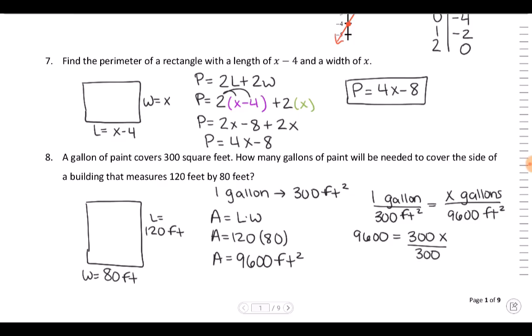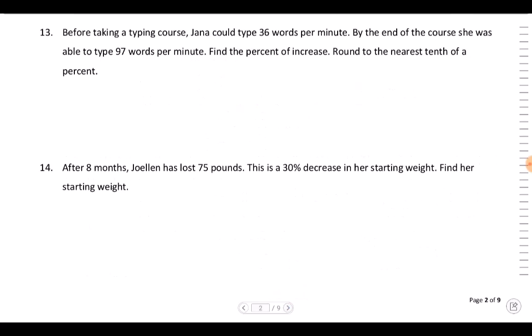Divide by 300, and what do we get? We get 32. So x equals 32. So that means we would need 32 gallons of paint. So let me write that here. 32 gallons. Okay. Good. All right. Next.